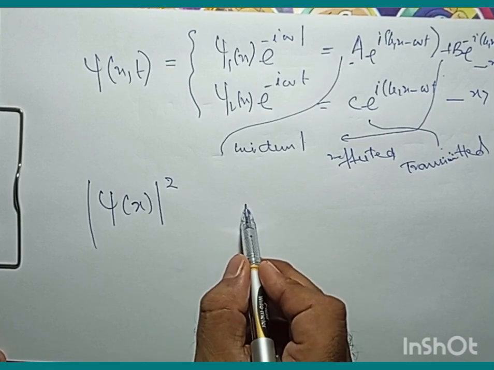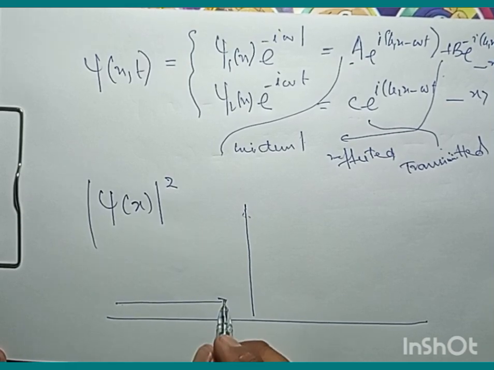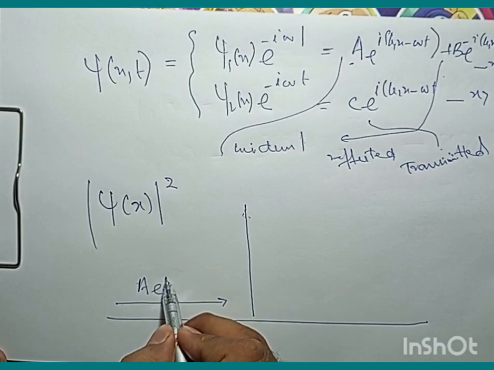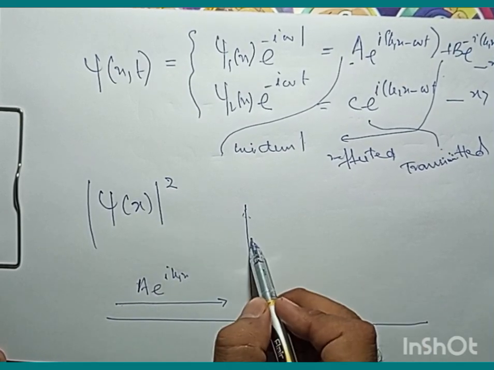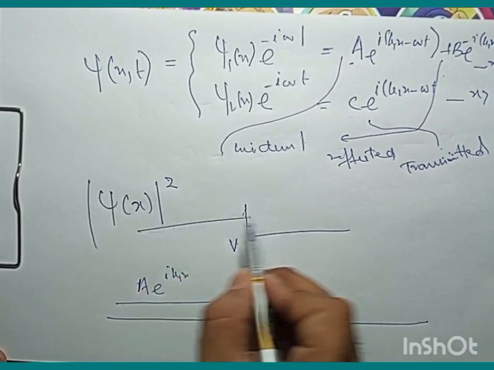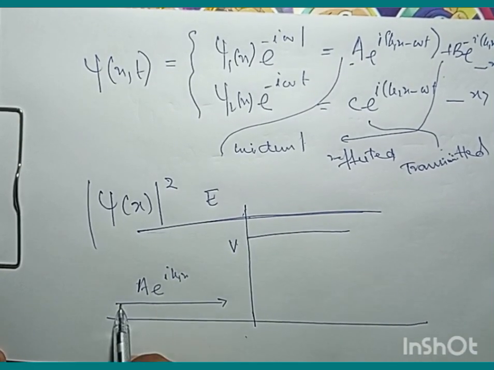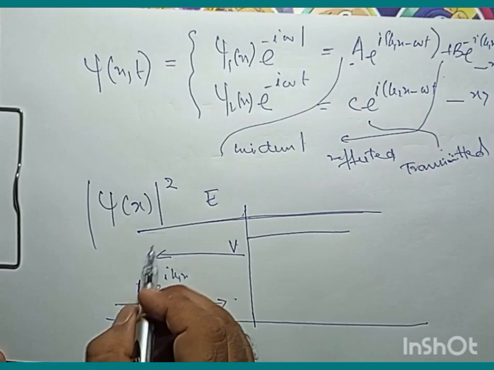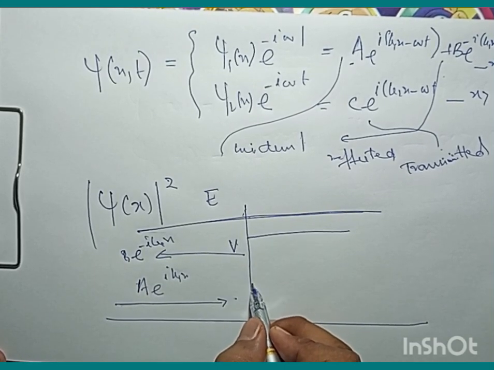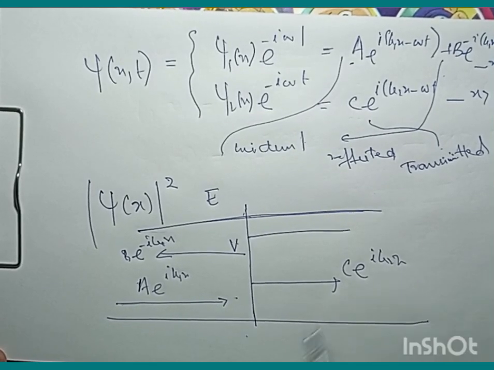The first situation is that the particles are going towards this potential, and we can write their wave as A e to the power of i k1x, and there is a step potential V, and the energy of these particles is greater than that of V. So we have incident particles, reflected particles as B e to the power of minus i k1x, and transmitted particles, C e to the power of i k2x.